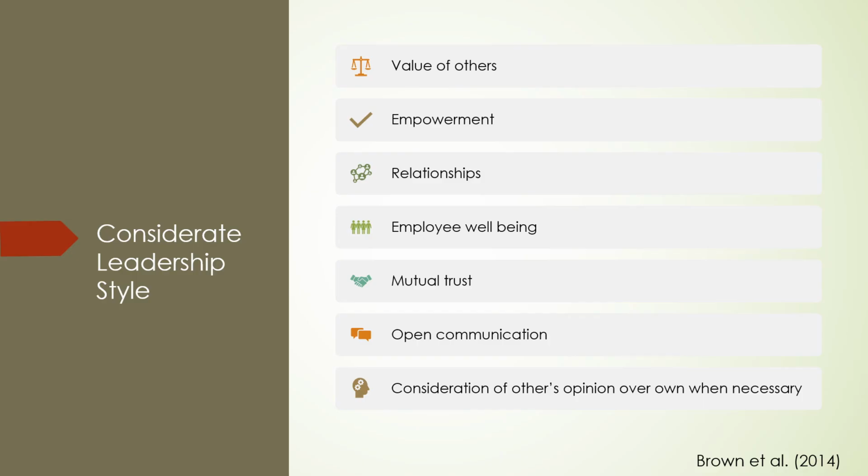This type of leadership is also consistent with the core value of the profession of OT, which is to promote individual empowerment and autonomy, right? They really, really focus on relationships, employee well being, mutual trust, and open communication.